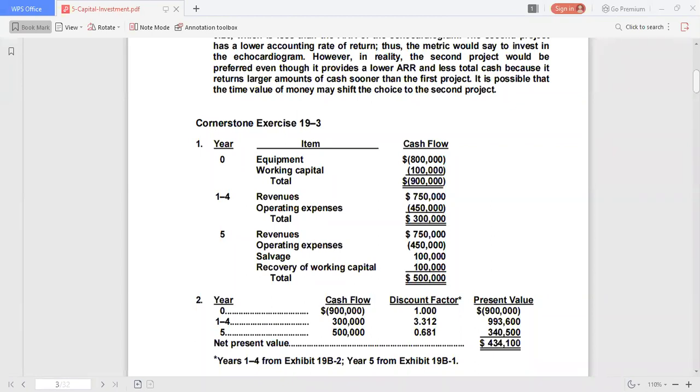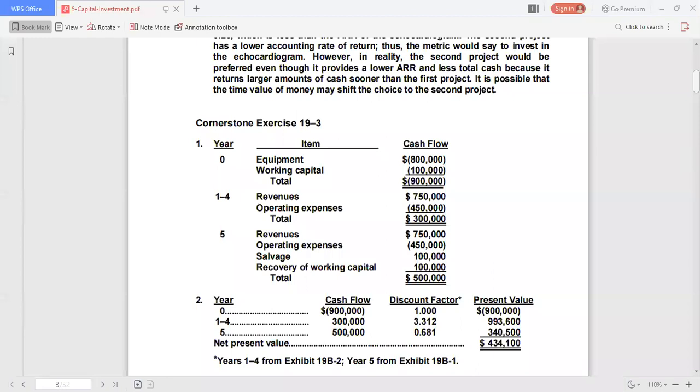In year 0 we have an outflow of 900,000. Years 1 to 4, we have inflows of 300,000. And as of year 5, we have a net inflow equal to 500,000, so that gives us the total inflows if you add the inflows from years 1 to 4 and from year 5.